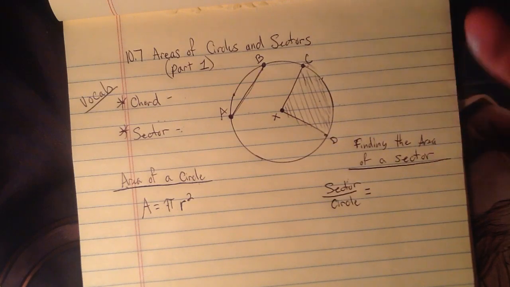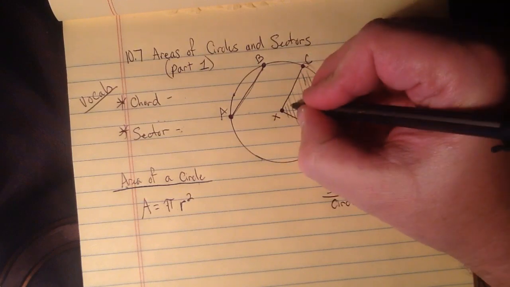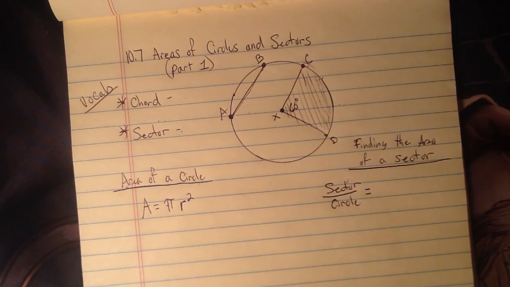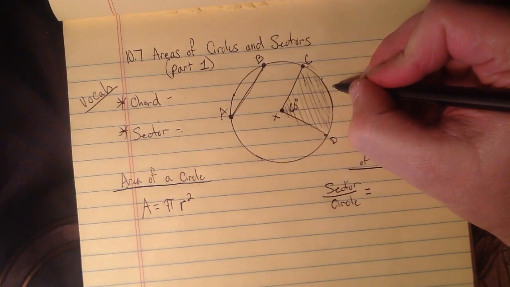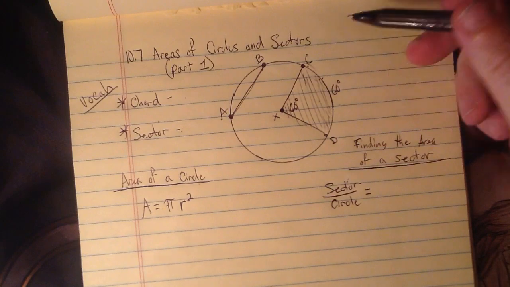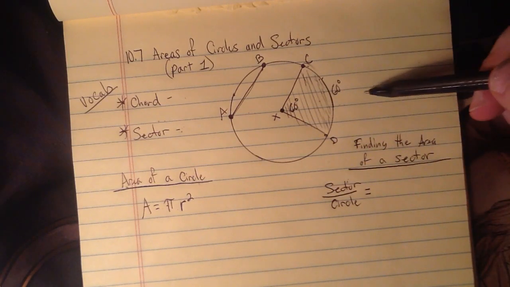So we need more information. In this example, let's say this were 60 degrees. Well, isn't that the central angle, which is the same as the arc measure, right? Because it's the central angle. We just need one of those relationships that we learned in 10.6.